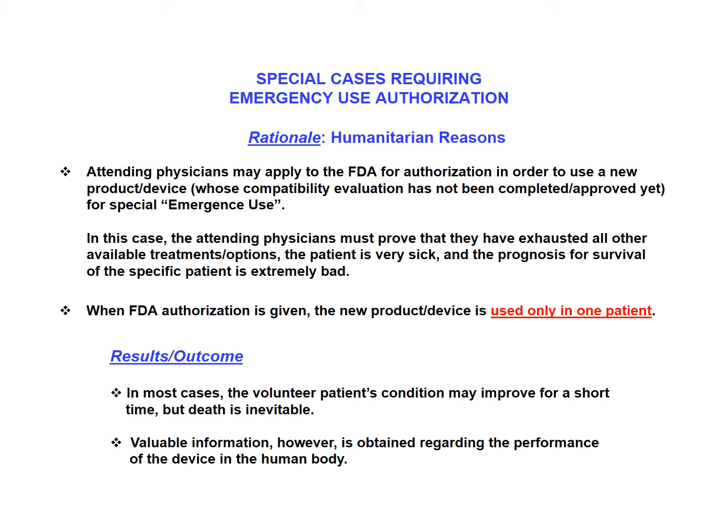That was a revolutionary new concept, to have a device composed of synthetic materials to replace a very valuable organ. The particular recipient was very sick. The synthetic device helped him for a very short period of time, but of course the patient unfortunately passed away.